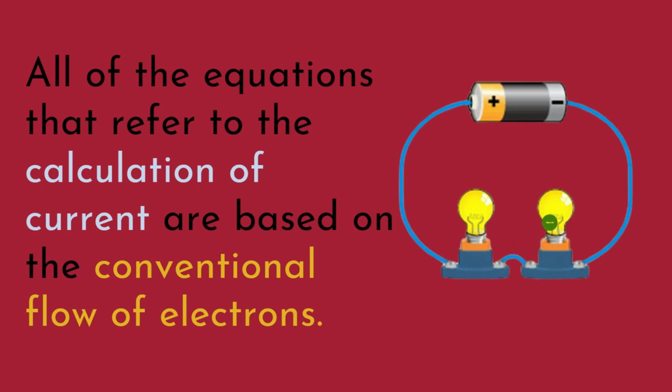All of the equations that refer to the calculation of current are based on the conventional flow of electrons. Here, electrons travel from the positive terminal of the battery around the circuit and enter into the negative terminal of the battery.